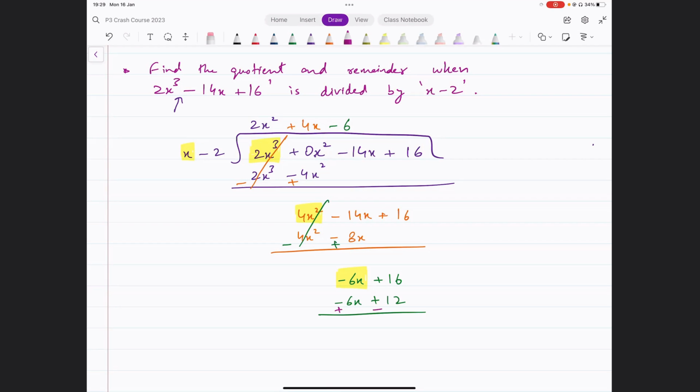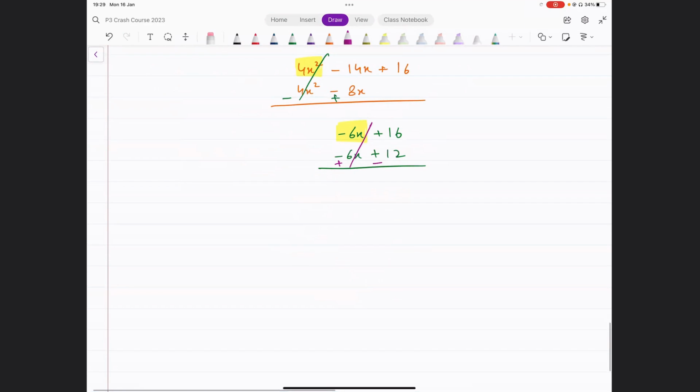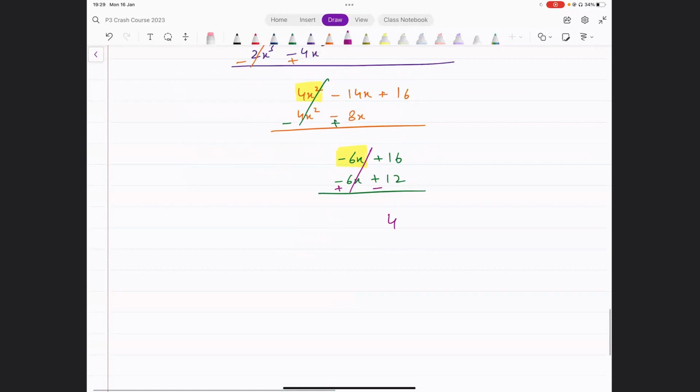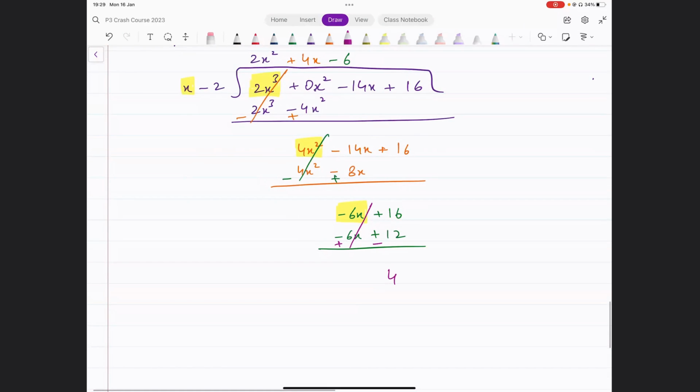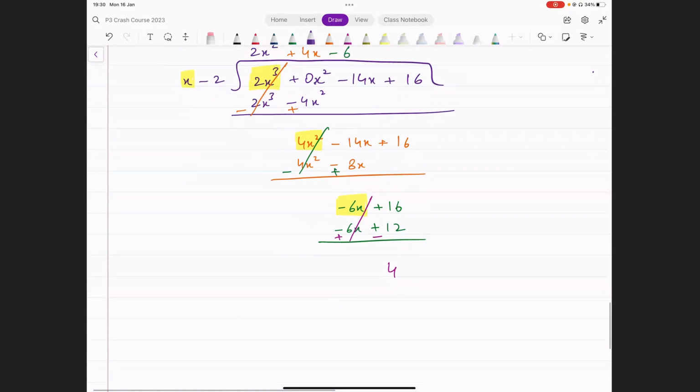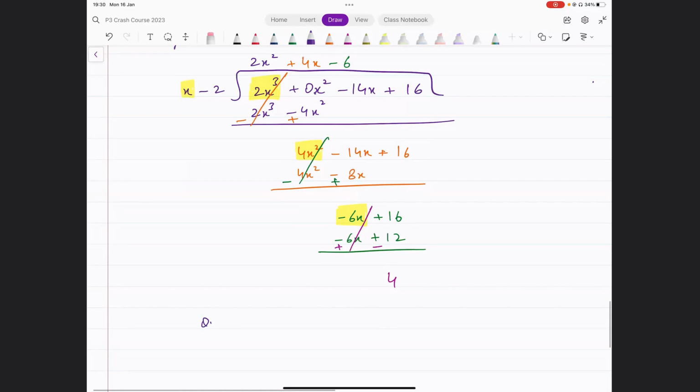This becomes plus, minus, this gets cancelled, and you're left with 4 at the end. So what's the quotient? If you have to write this now, the quotient that you're getting here is 2x squared plus 4x minus 6, and the remainder is 4. This is the remainder.